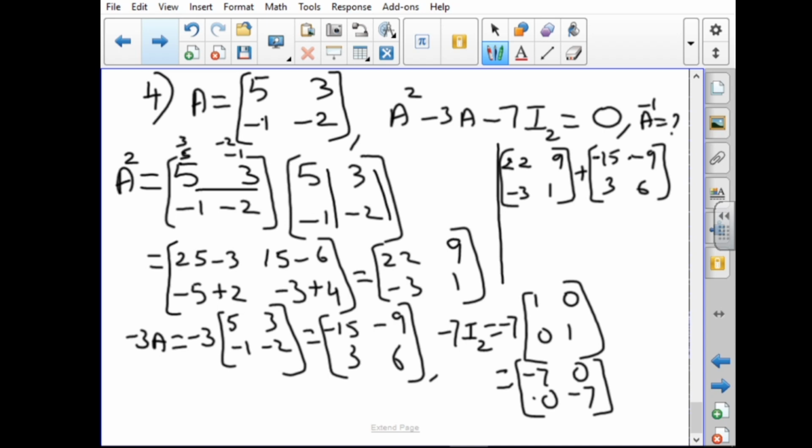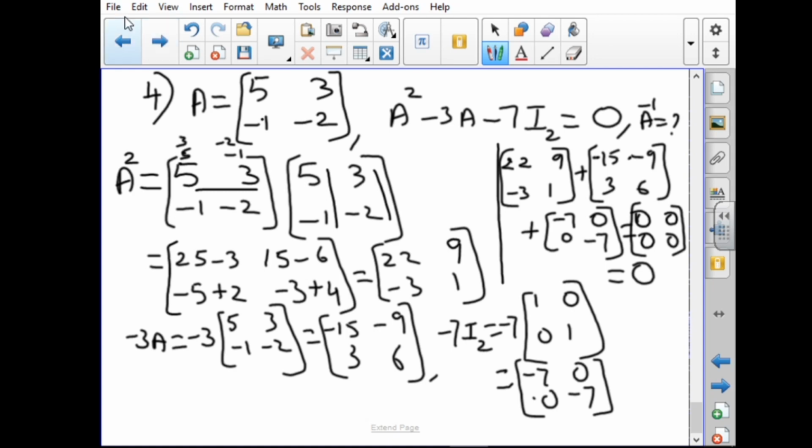And minus 7I2 is minus 7 0 0 minus 7. So now when you add all this, 22 minus 15 minus 7 gives you 0. The 9 minus 9 and 0 gives you 0. Minus 3 plus 3, 0. 1 plus 6 minus 7 gives you 0. So this is nothing but the null matrix, that is O. So we have proved the first part.